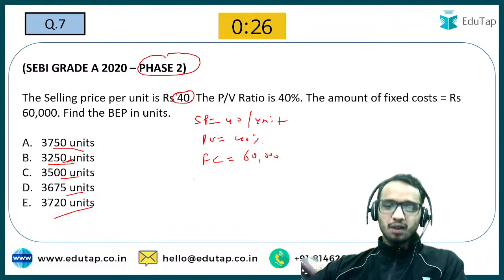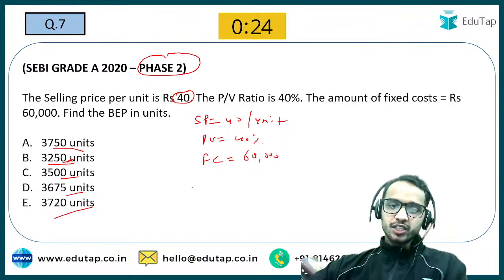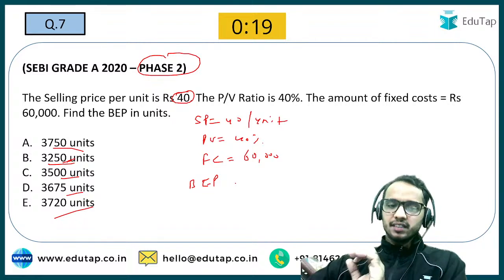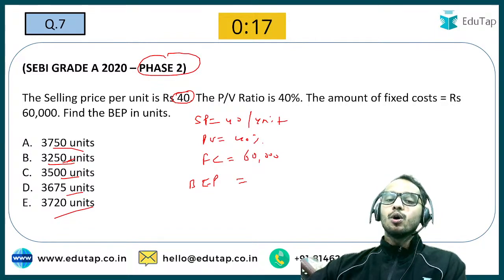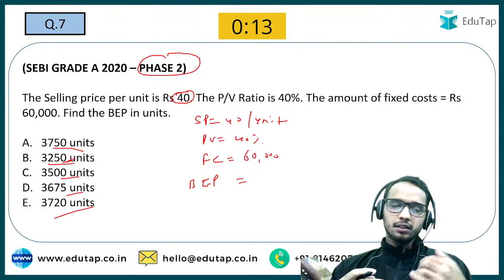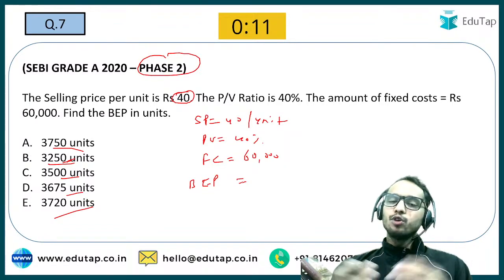Very easy question. Now understand the formula with the logic itself. I'll make the formula in this slide itself. Listen to me very carefully. First of all, understand what is BEP. BEP will be the number of units at which you will have no profit or no loss.